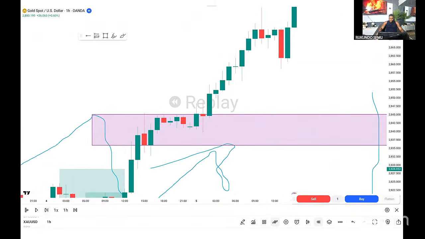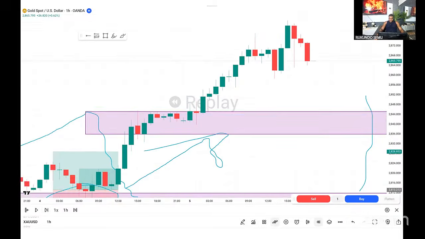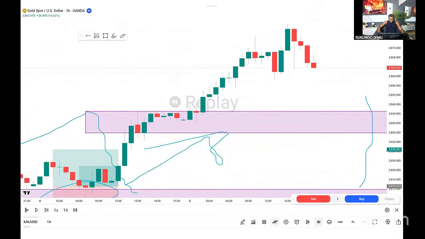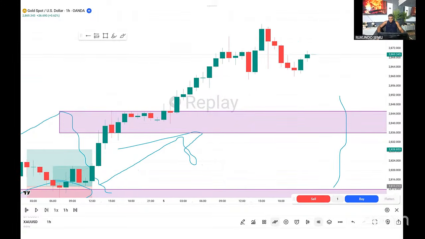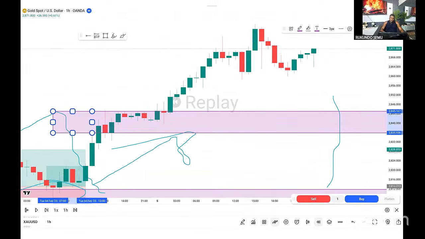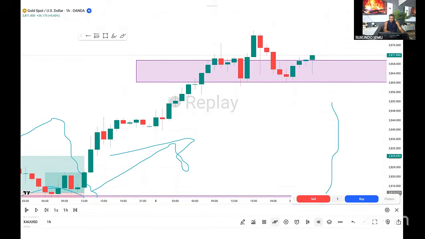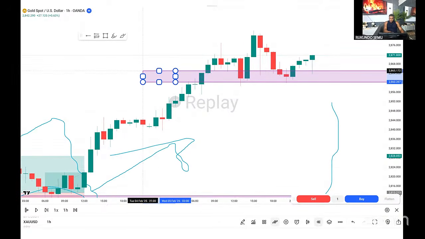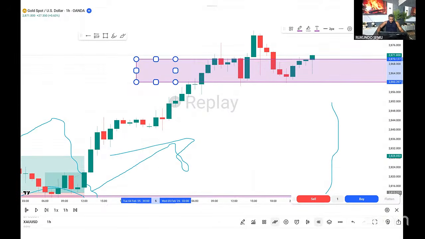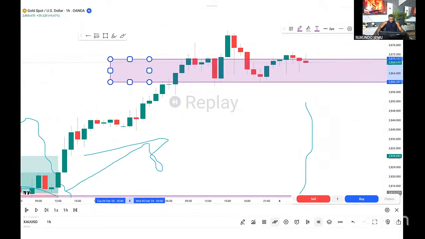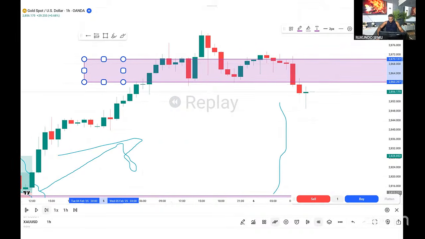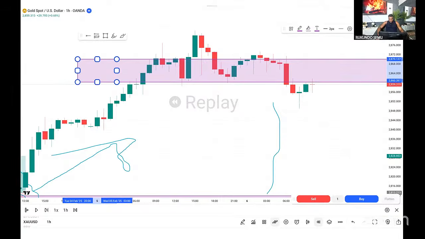Sometimes the market will not give you what you want. So now we can go up and mark on these levels. We can't take this trade because it failed to sweep liquidity here. Can we take this?